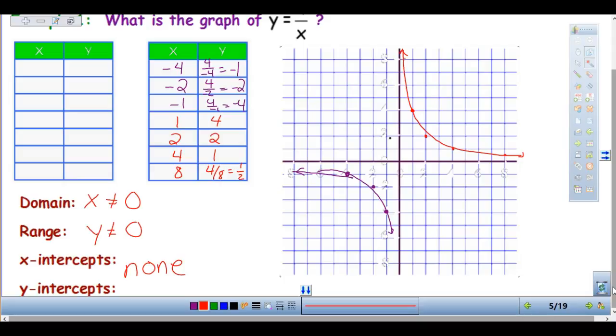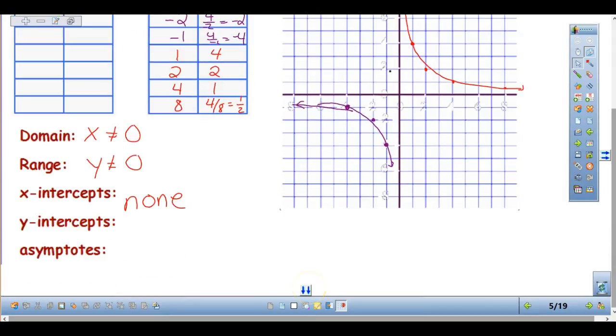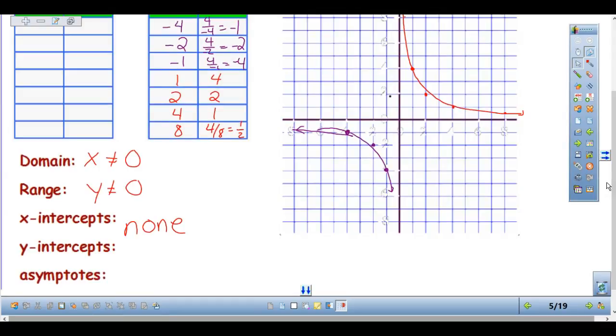Now, I want to look here. I do need to talk about asymptotes. I'm just trying to remember when I put it in my notes, so I'm going to look. Oh, it's on there. I just can't see it. Okay. So, if we look here, asymptotes. Okay, what that is, let's put a definition next to this.